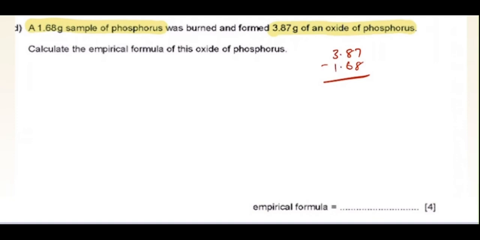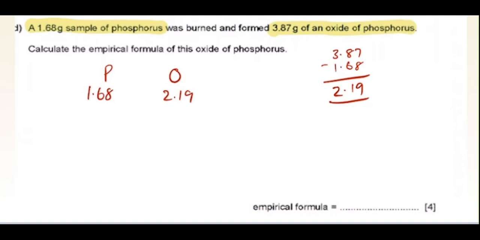That will give us how much oxygen we used. Turns out we used 2.19 grams of oxygen. So we've got phosphorus and oxygen. We had 1.68 grams of phosphorus, and 2.19 grams of oxygen.